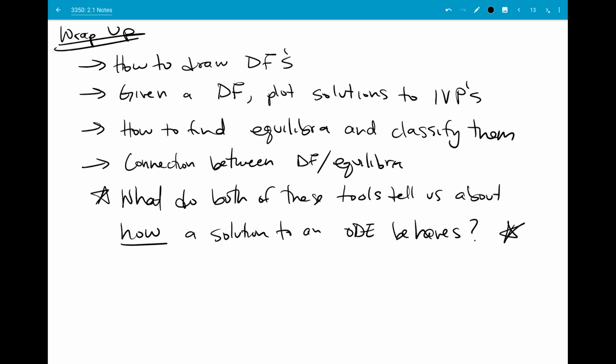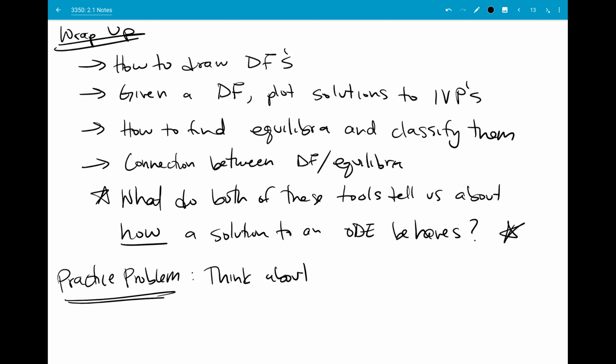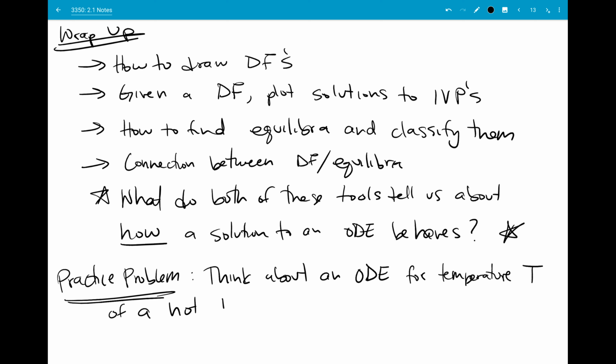And so your practice problem for this section is going to get at that idea. What we're going to do is think about an ODE for temperature T of a, let's go back to my coffee, hot drink left in a cold room.